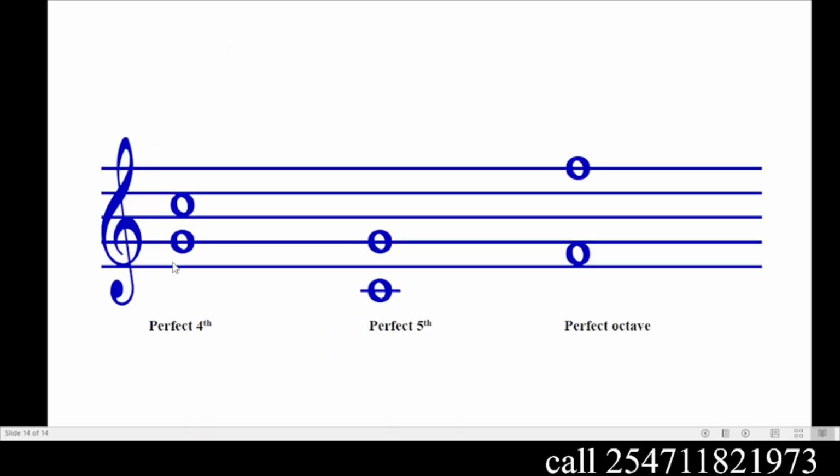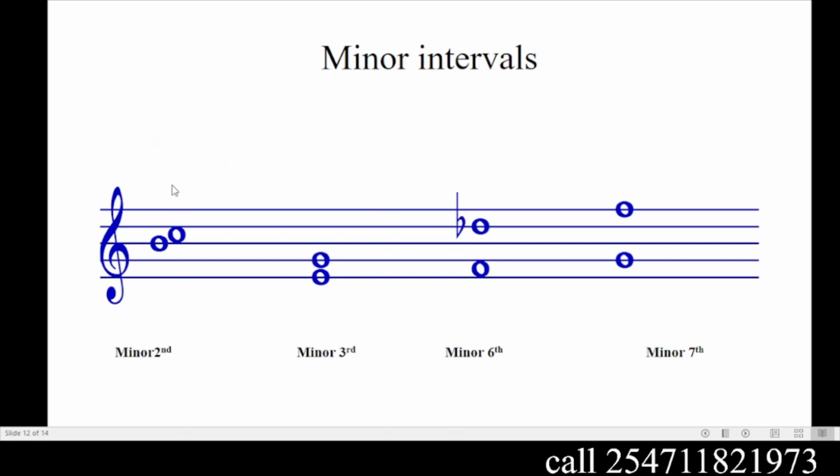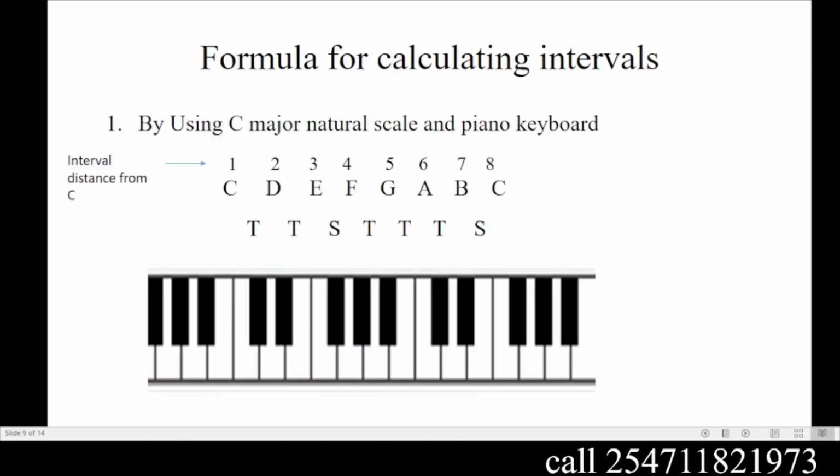For example, G to C is a perfect fourth. Why is it a perfect fourth? It's a perfect fourth because a perfect fourth should have 2.5 tones. From G to C, you have a tone, tone, and semitone. On a piano, G is here and C is here. When you calculate this distance, you'll find that it has 2.5 tones.